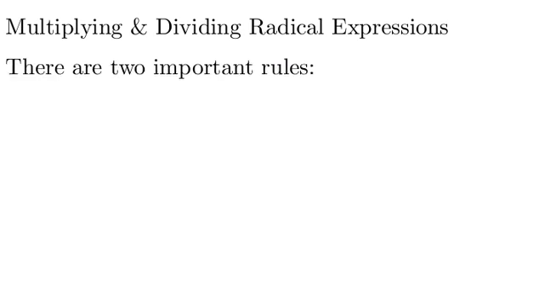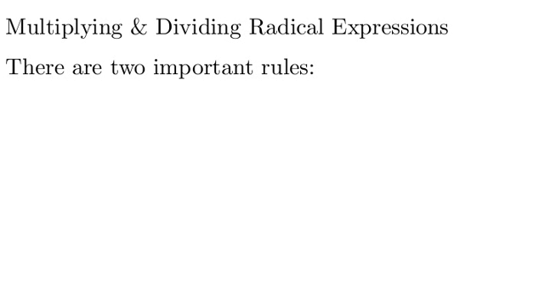So the first thing we're going to talk about is multiplying and dividing radical expressions. Okay, so there are two important rules. And one of these rules that we've already talked about, it was the product rule.